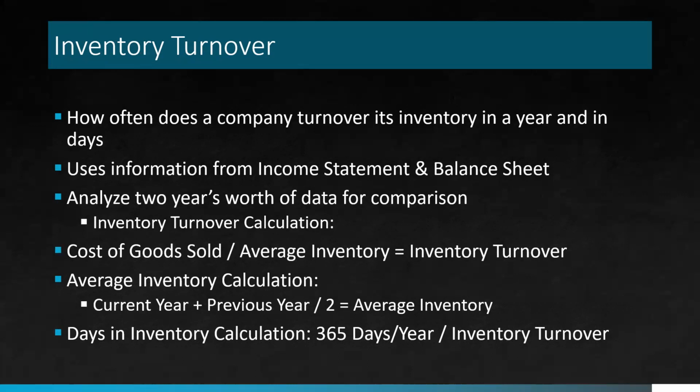The calculation is cost of goods sold, which comes from the income statement, divided by average inventory, and that equates to the inventory turnover. Then when you want to get into days in inventory, the average inventory calculation is the current year plus the previous year divided by 2 to give you the average inventory, and I'm going to show you an example of that.